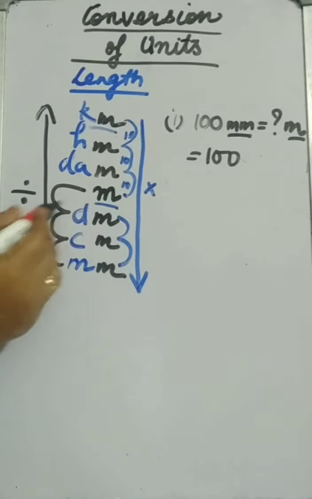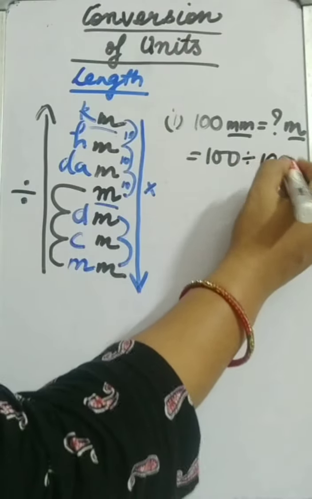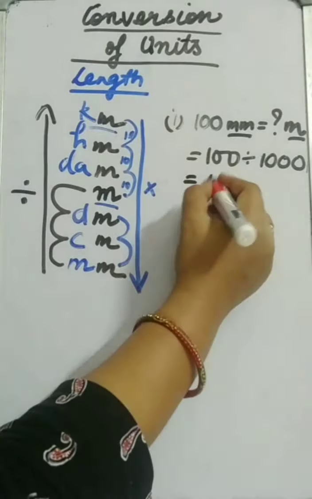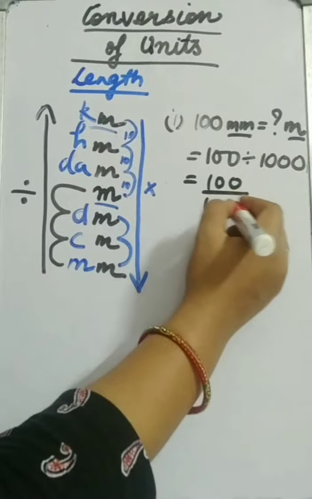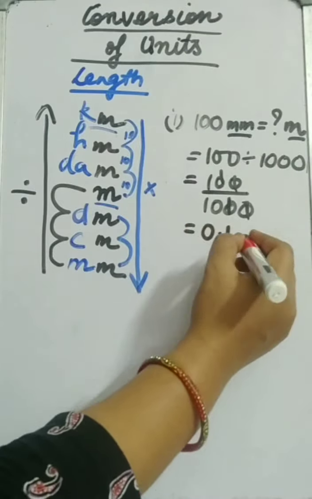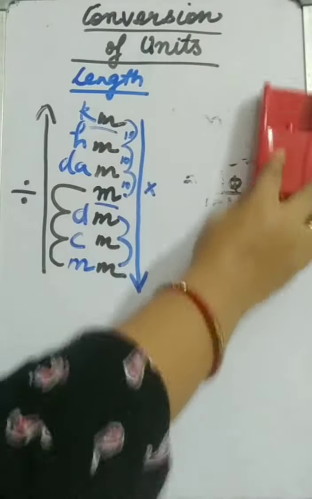That means 10, 100, 1000. I have to divide by 1000 because I am going from lower to higher. So you can write 100 divided by 1000. 2 zeros will be cut and you will get 0.1 meter. Fine? Okay, one more example and then this will be crystal clear.